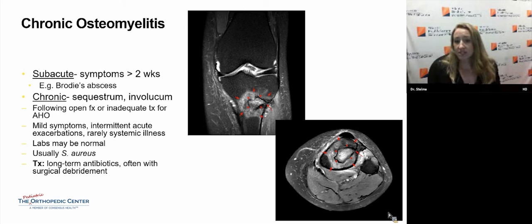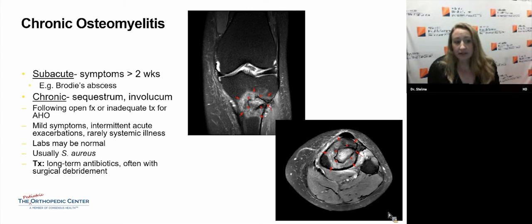On the right here, we can see that walled off area of infection and some edema around it. More chronically, it gets even more walled off, and there may not be those acute symptoms to go along with it. This may develop after an open fracture or inadequate treatment for acute hematogenous osteomyelitis.